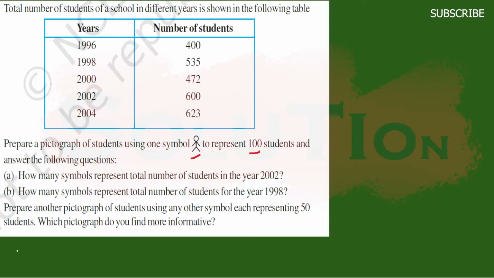Okay, so let us start writing the symbols. So this complete man means 100. Now let us take out one of his legs. So we have 100 represented by that symbol.